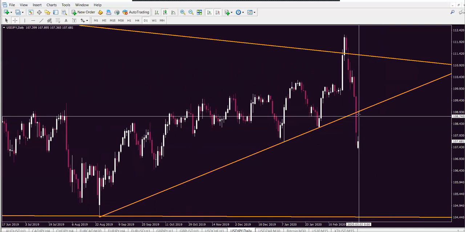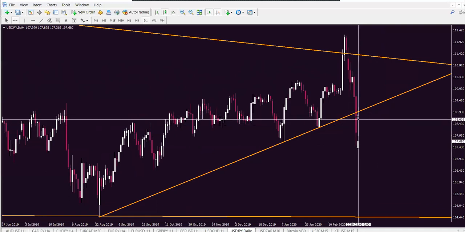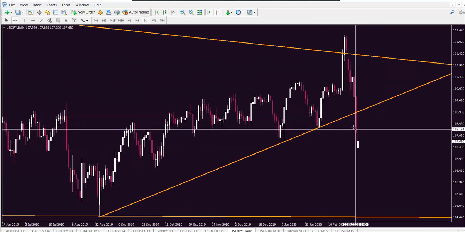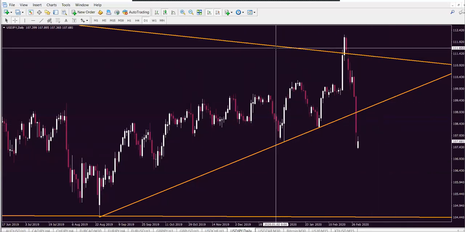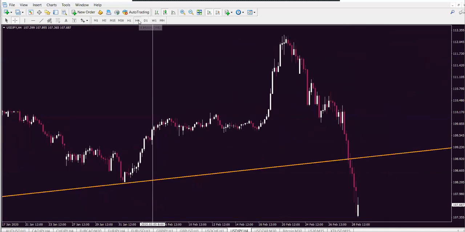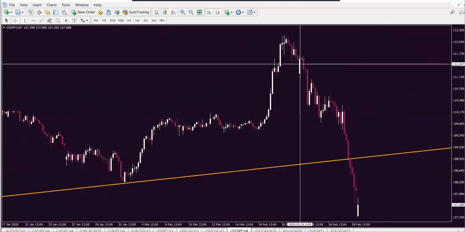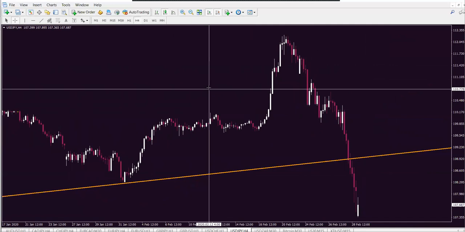Since it broke this low right here and this trend line, I'm only looking for sells. And even though it will seem oversold, I don't care.